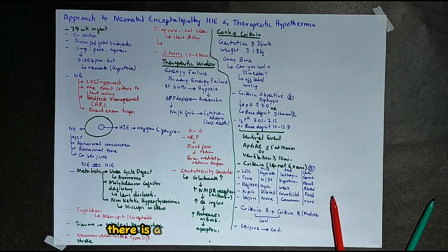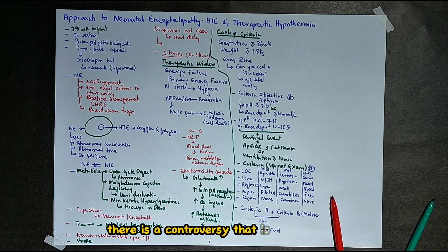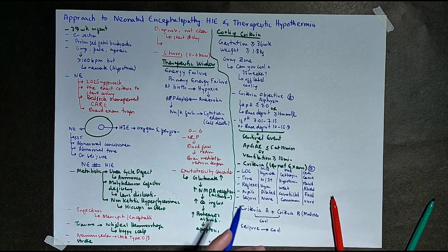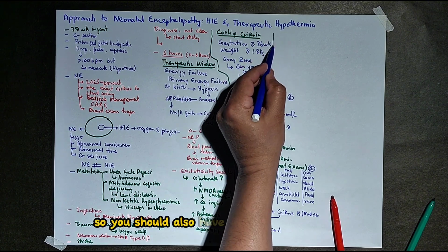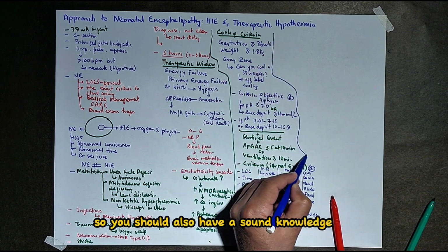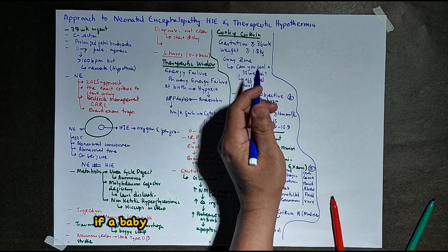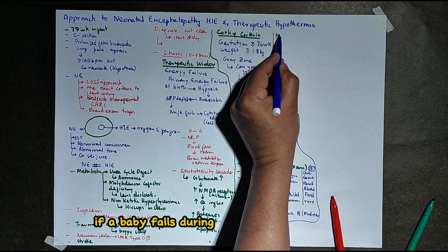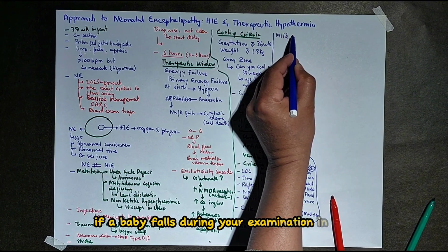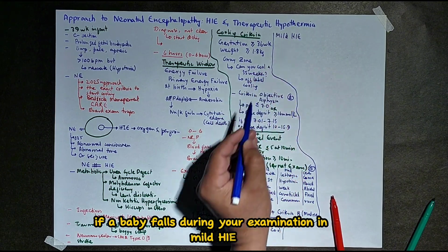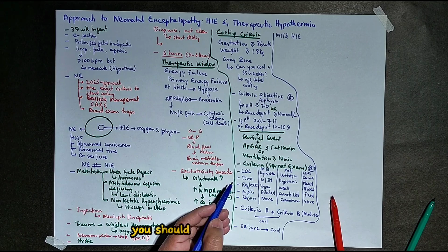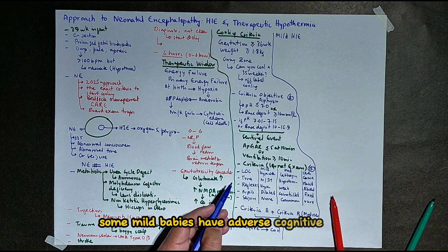There is a controversy about mild HIE, so you should also have sound knowledge about this. If a baby falls in mild HIE during your examination, you should not cool that baby. However, recent data suggests some mild babies have adverse cognitive outcomes.